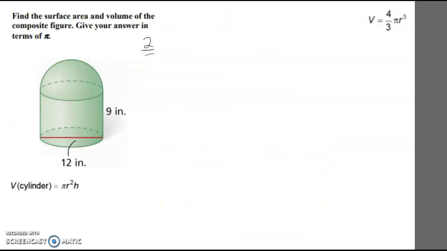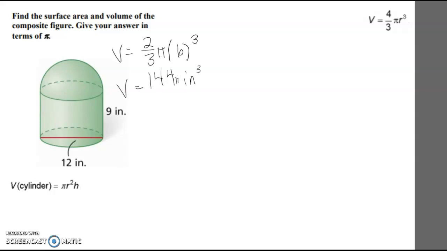We're going to do 2/3 pi. My radius is half of 12, 6 cubed. Which is 144 pi inches cubed.